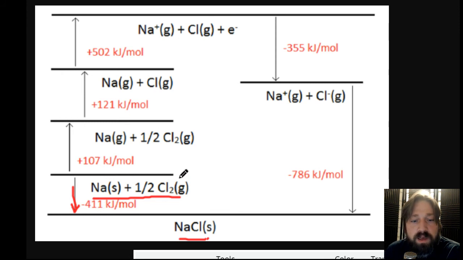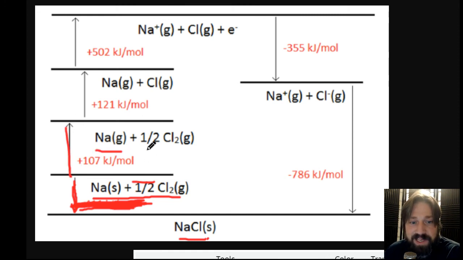Okay? Now you can see here, there's a lot of different reactions that you can do, right? I can go straight from the sodium and the 1/2 chlorine gas to the sodium chloride. But let's say I didn't know what this number was. Geez, what could I do? Well, instead, I know how to go from solid sodium to sodium gas.